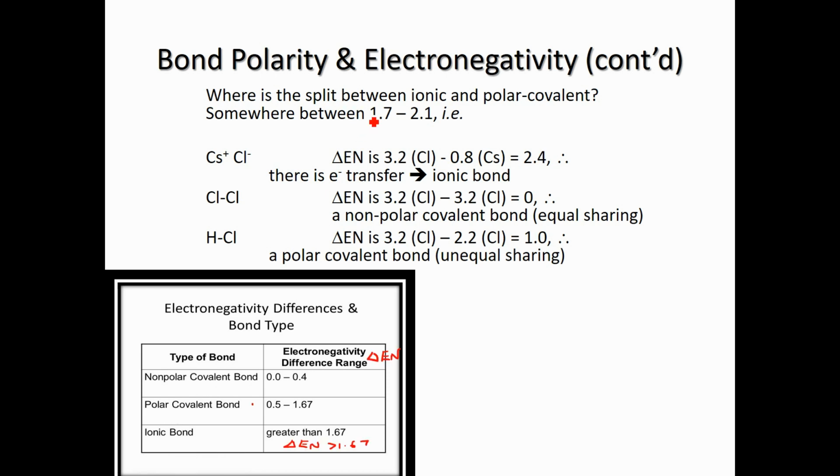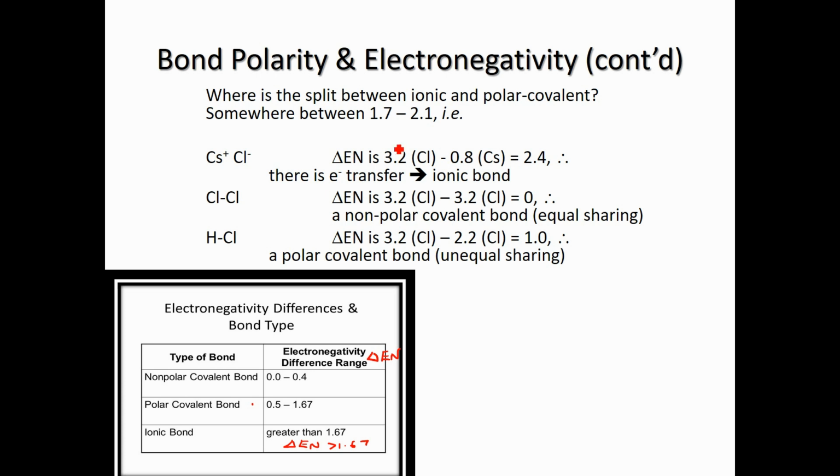Based on Pauling's scale, one can determine roughly whether the bond is non-polar covalent, polar covalent, or ionic based on the difference in electronegativity values given by Pauling on the summary periodic table.